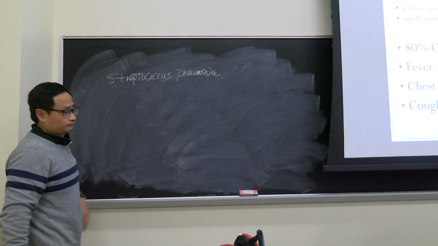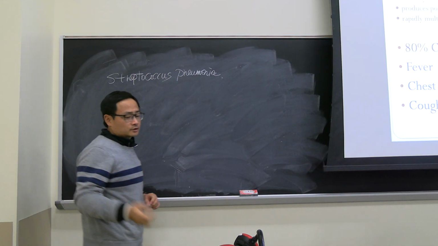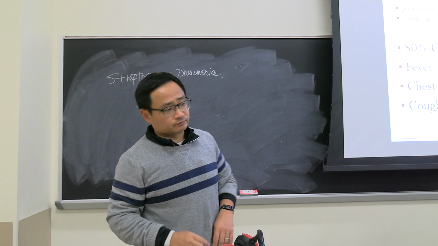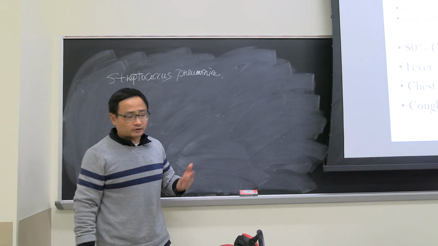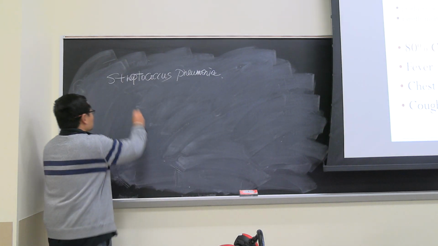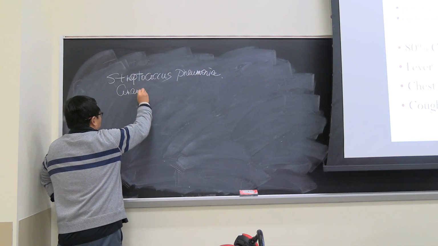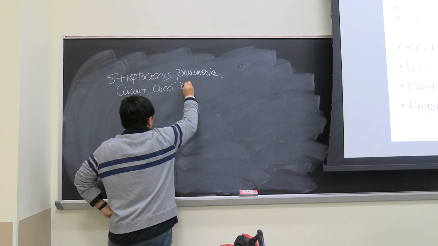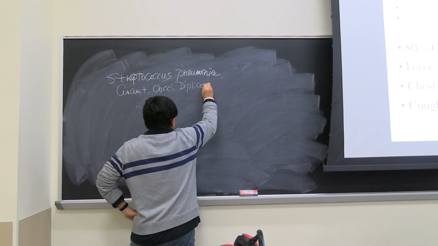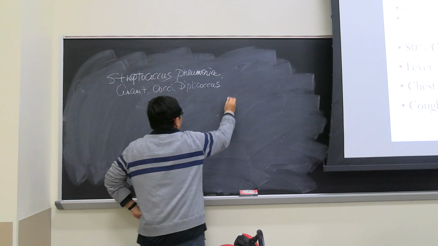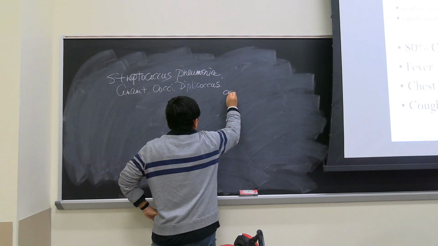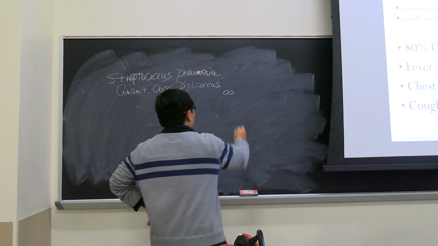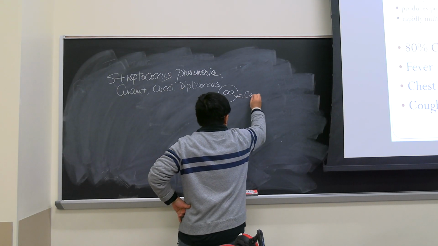When we talk about all these pathogens, there are three important things from Gram stain: Gram reaction, morphology, and arrangement. This is a Gram-positive coccus, diplococcus, looks like that, surrounded with a capsule.